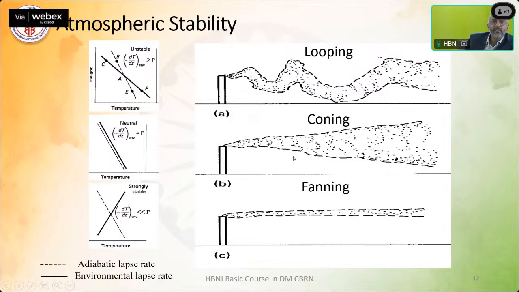That's coning. And the previous one, a strongly stable condition, is where fanning happens, so it can travel a long distance without much dispersion. For each stability category, your plume behaves in a different manner, and this is how you can picture it.